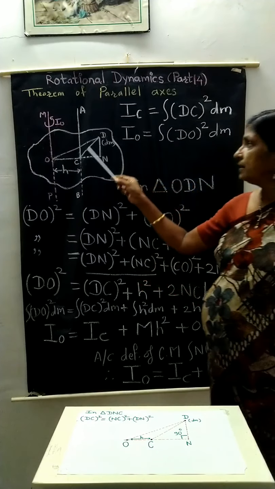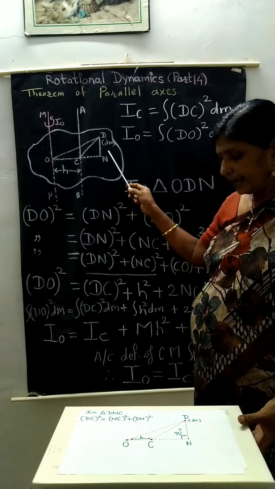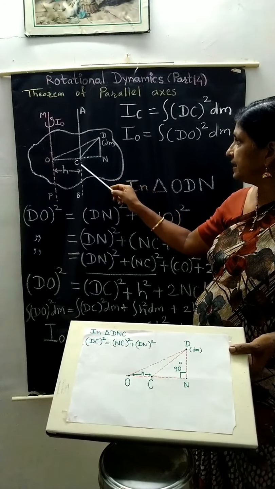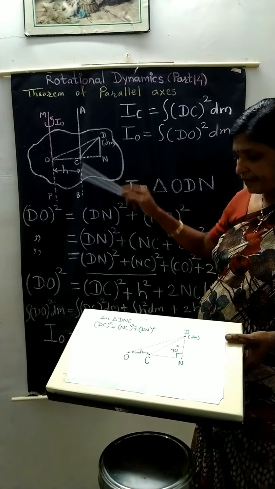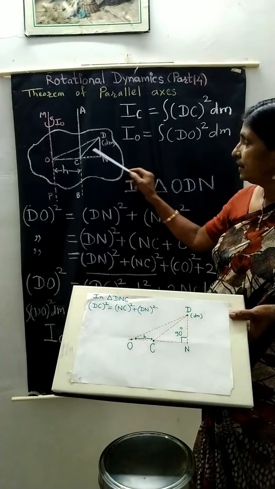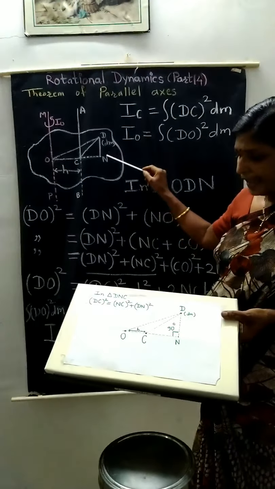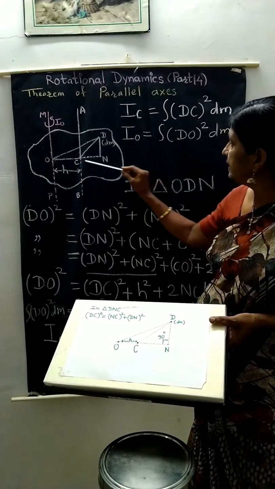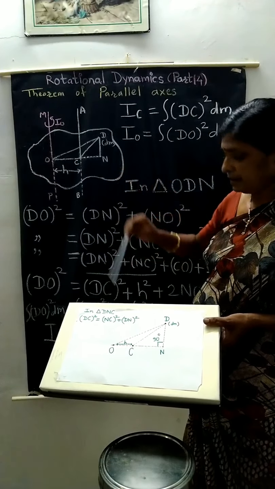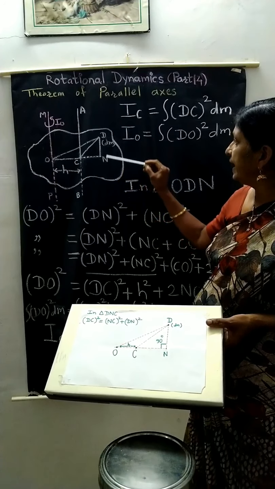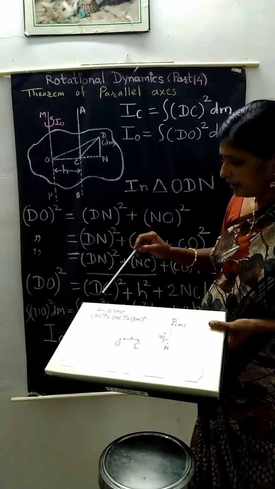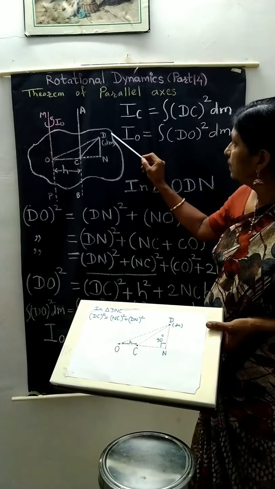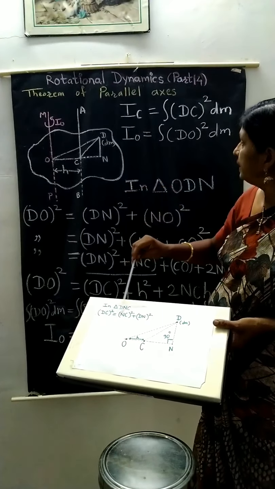Now there is another triangle, triangle DNC. In this triangle DNC, DC square is equal to DN square plus NC square. So NC square plus DN square is equal to DC square.